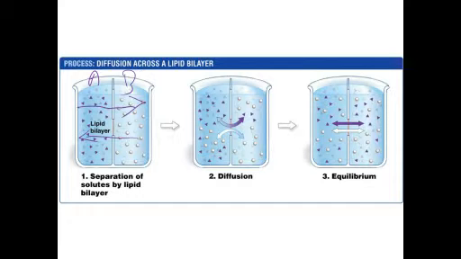On the left side you have more particles of A that collide with one another and go towards the other side of the container. On the right side you have more particles of B, they collide with one another and move to the left side of the container. This is going to go back and forth until eventually you have an equal proportion of particles on both sides. You reach an equilibrium.